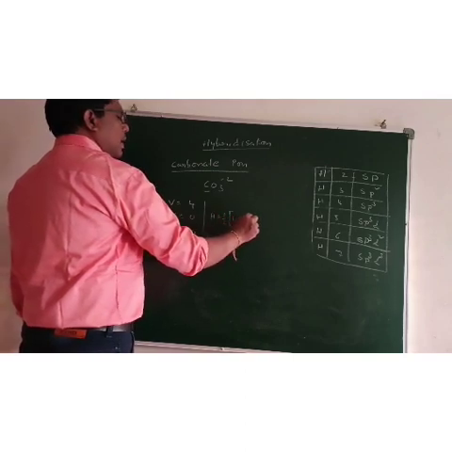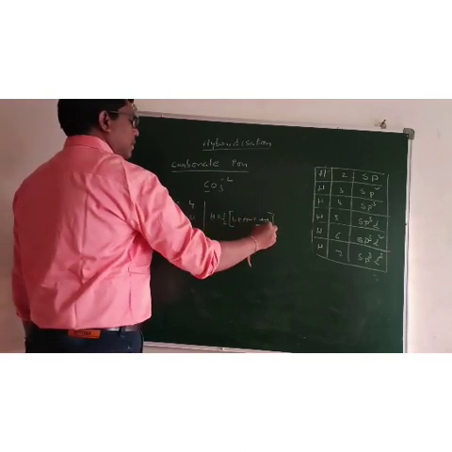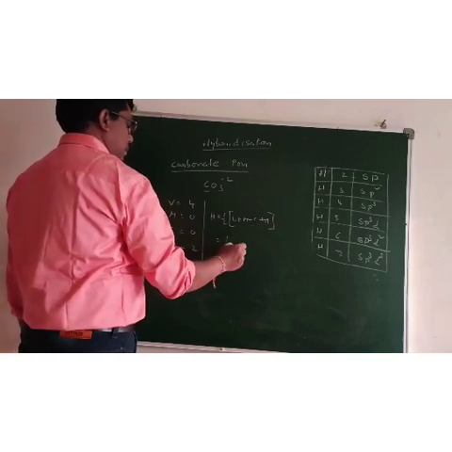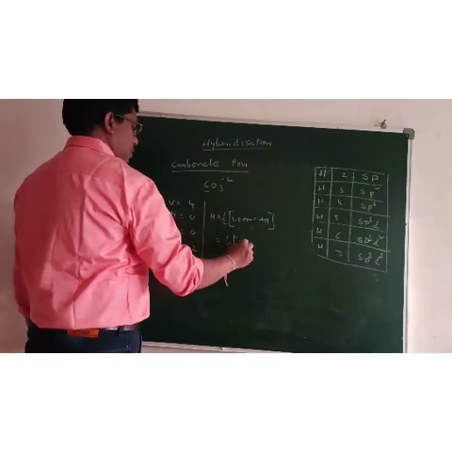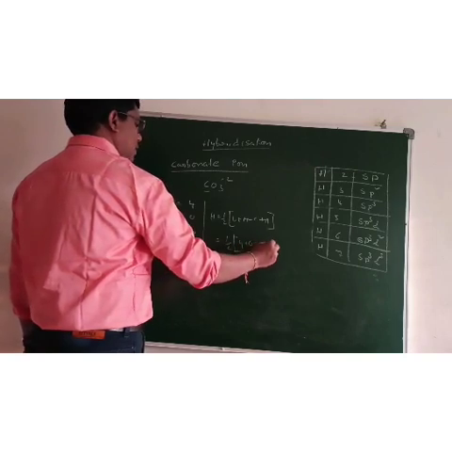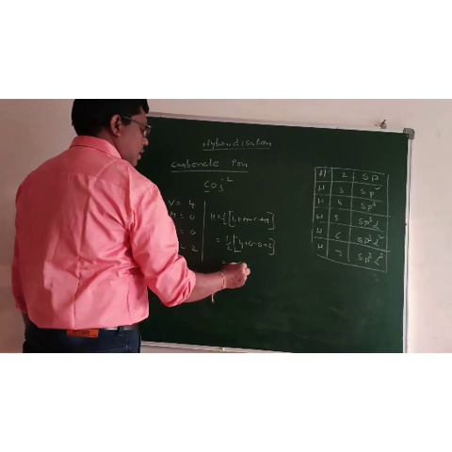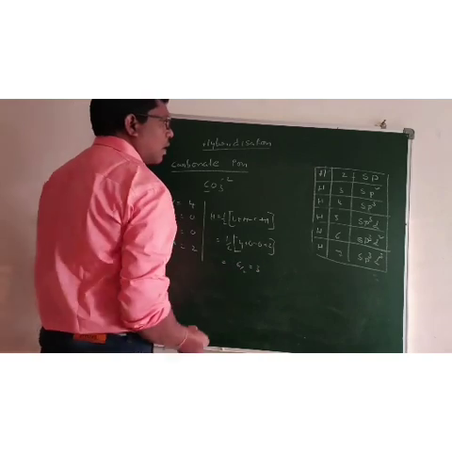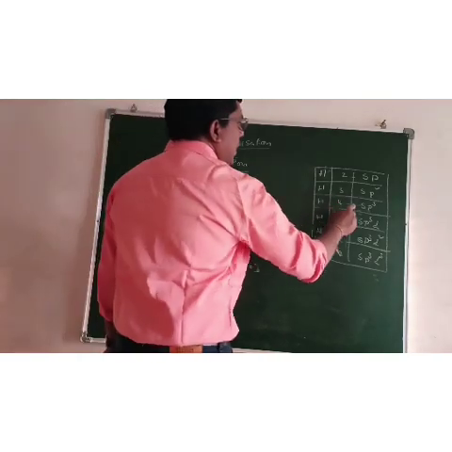Now substitute the values in this formula. V plus M minus C plus A. 1 by 2 (4 plus 0 minus 0 plus 2), 6 by 2 equal to 3. So the H value is 3, hybridization is sp2.